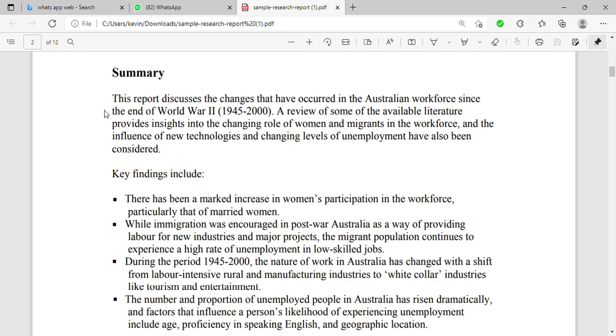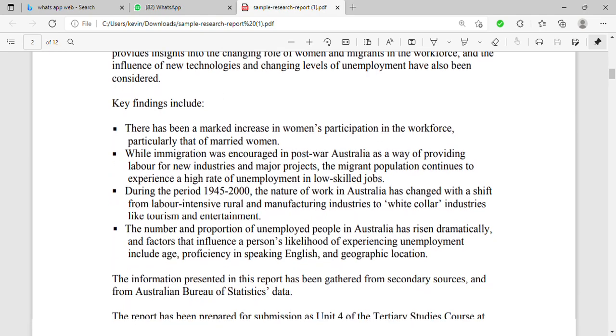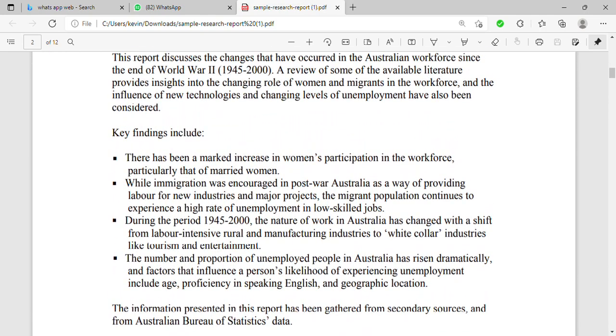of the report. Then you can also summarize the key findings. The key findings of the study include there has been a marked increase in women participation in the workforce, particularly that of married women, since their men went to World War II and they never came back, most of them. So they had to wake up and work for themselves.